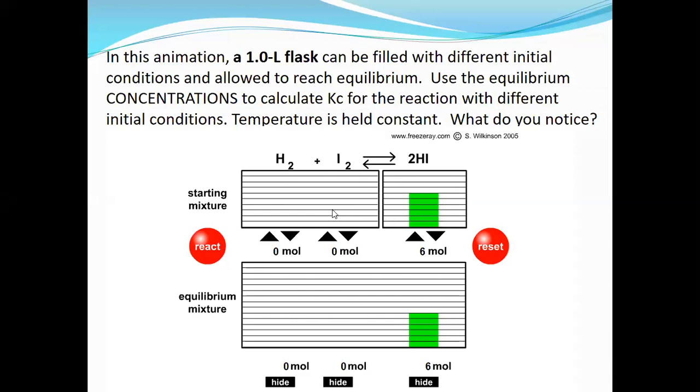So as it reaches equilibrium, we're going to see hydrogen and iodine increase, and we're going to see the HI decrease. So let's run the reaction. There it goes, and you can see the HI has decreased significantly. The H2 and the I2 have increased significantly. Copy down those concentrations. When they're constant, you've reached equilibrium, and calculate the Kc for experiment number 3.